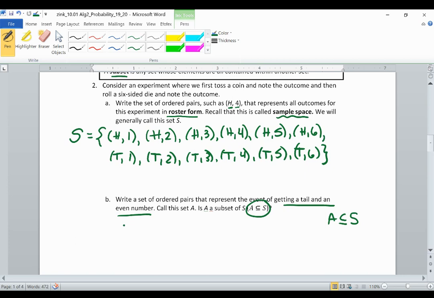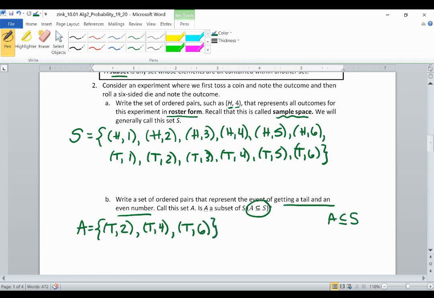All right, so we want a tail and an even number, and we're going to call it A. So A could be a tail, and what's the first even number on a 6-sided die? Well, 1's not, but 2 is. We could get a tail, and the next even number would be a 4. Or we could get tails and the next even number, which is a 6.